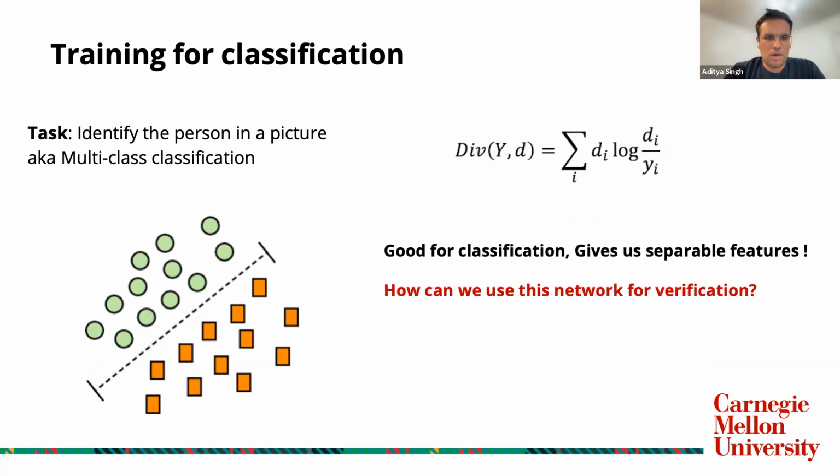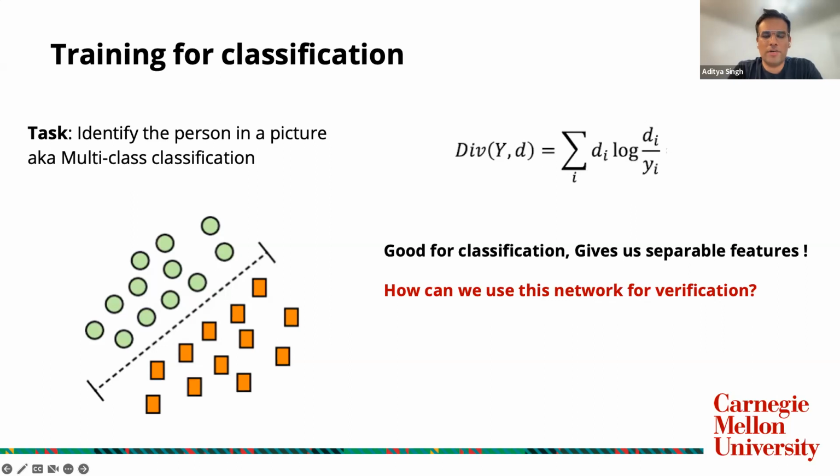So the first question I would like to ask is, how can we use this network for verification? Does anyone have any ideas? If the face of the person we're testing is in the classifier, then we could just search all the pictures for the same name as the test image. Yeah, so you're saying that we would compare closeness with examples from all the classes.